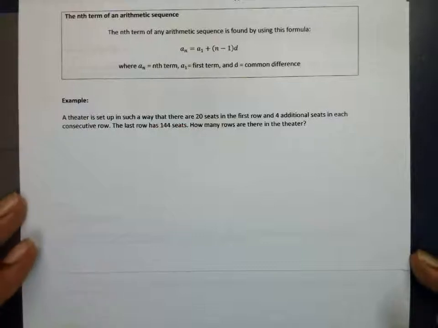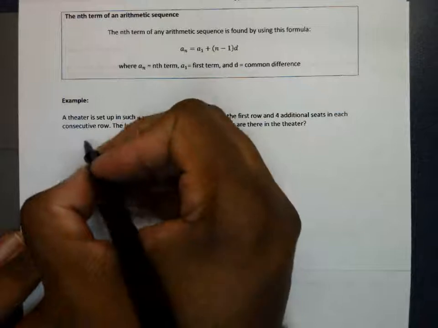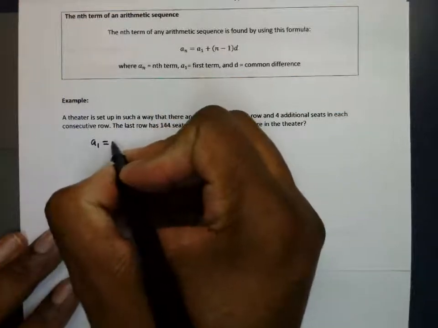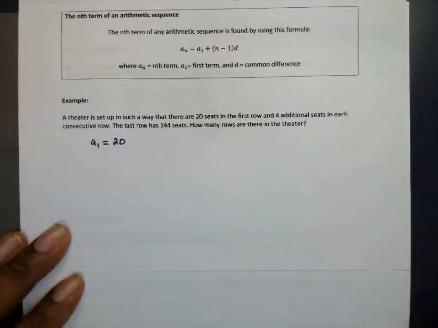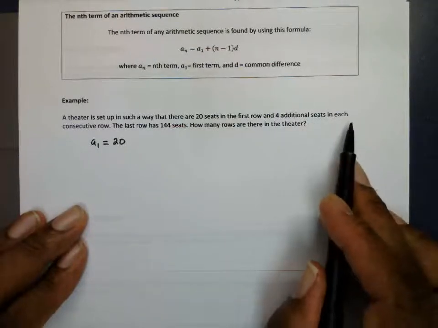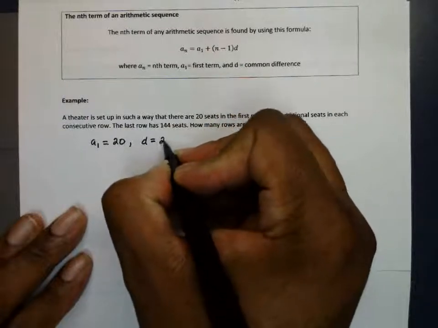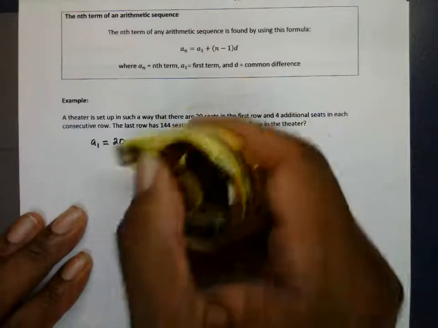Okay, so in this case here, the first row has 20 seats. That's what a sub 1 is. There are 4 additional seats in each consecutive row. That means your common difference, that's d, is going to be 4.